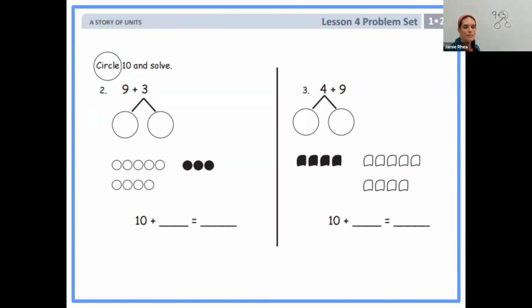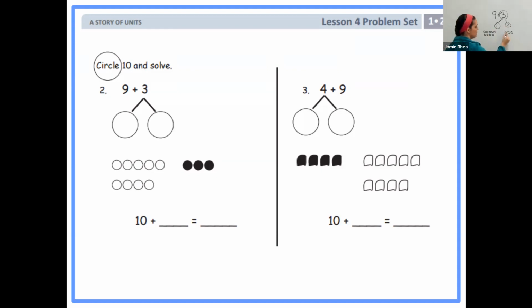But if I break up my 3, remember, I want to make 10. So what would I do? I would do 1 and 2. Now, if you don't know this off the top of your head, it's okay because we can look at our picture. I have 9 here and 3 here. If I want to make 10 out of my 9, I need to take 1 from my 3.